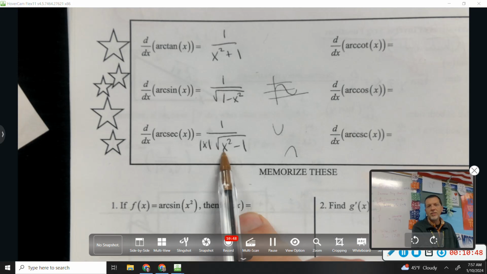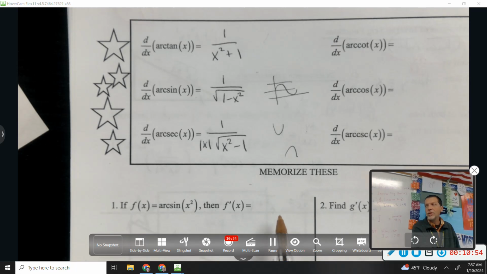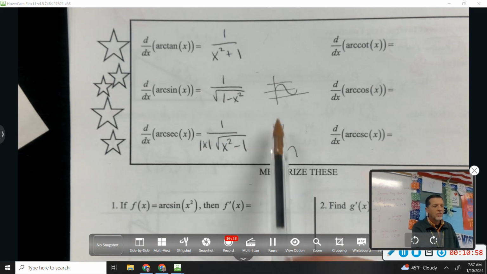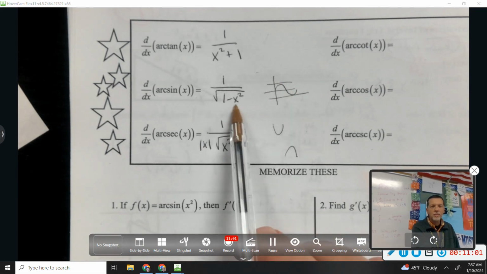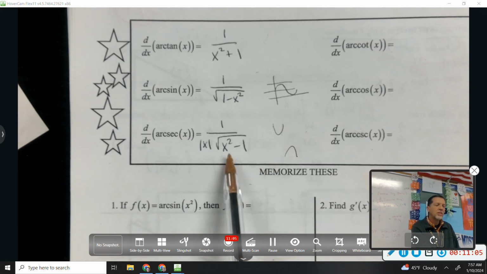So the x needs to come first, or else you're taking the square root of a negative number. I don't know if that's more than you care to know, but that's how I remember which one is which. Sine is a small value, so I can do 1 minus small value squared. Secant gives you big values, so I need to do the big value minus 1.